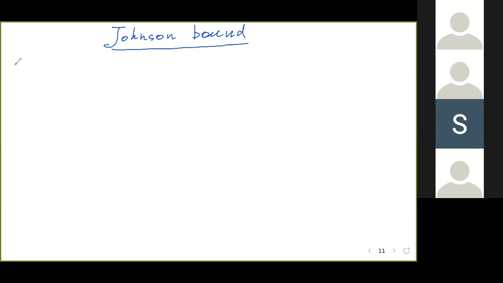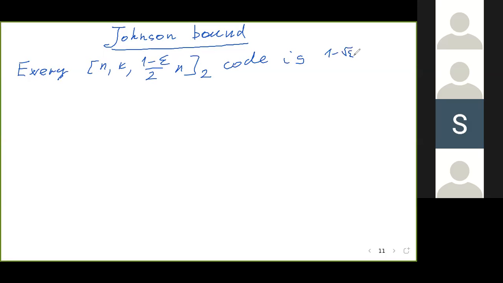More precisely, every code of length n with relative distance at least (1 minus epsilon) over 2 is (1 minus square root of epsilon) over 2 n errors, 2n list decodable.